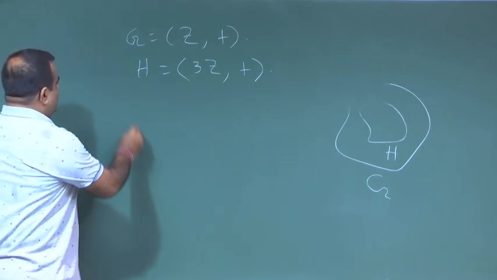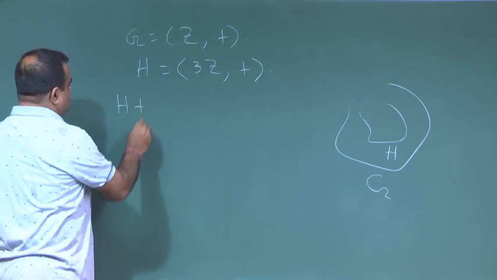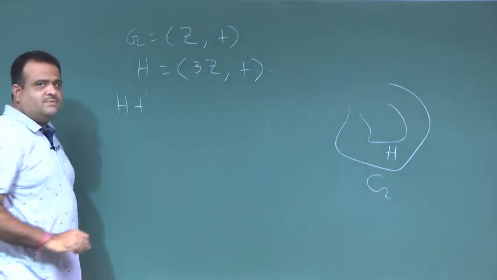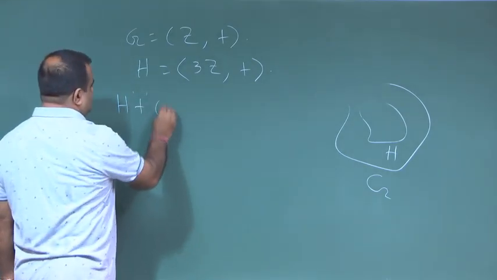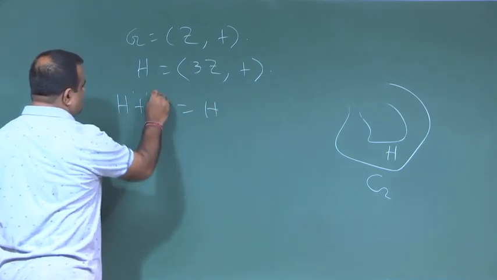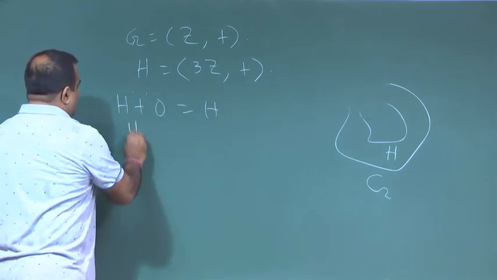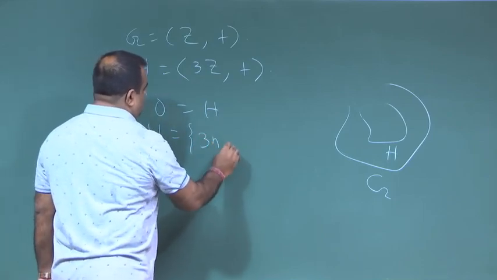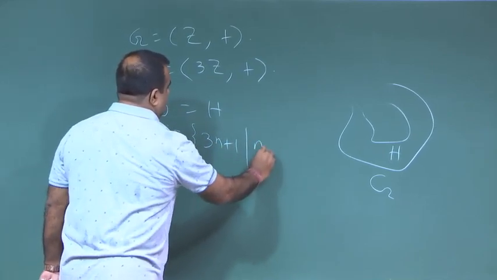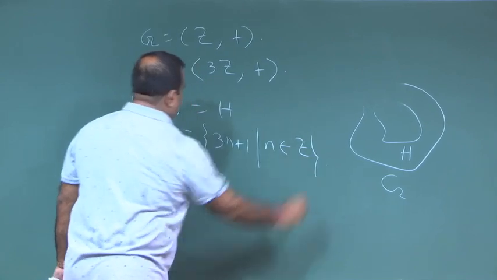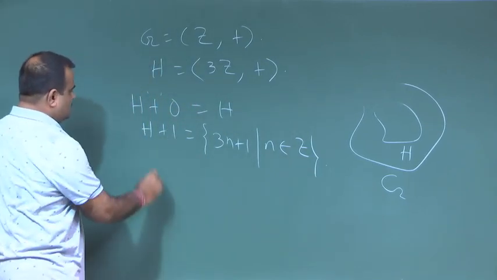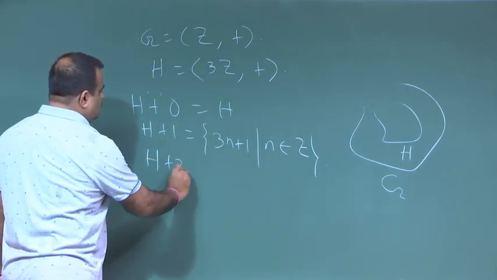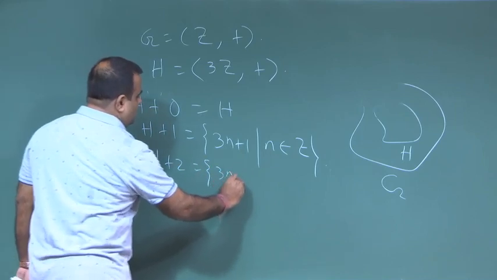Then we can define H plus a. This is an additive operation. H plus 0 is basically H, 0 is the identity element. H plus 1 is basically the set of all integers of the form 3n plus 1. H plus 2 is basically 3n plus 2.